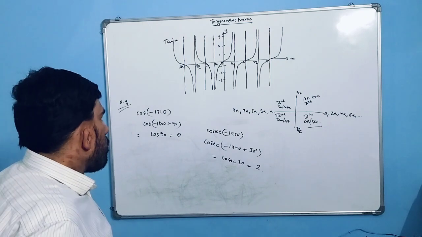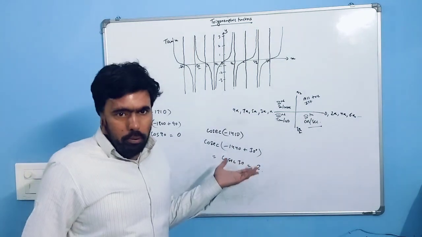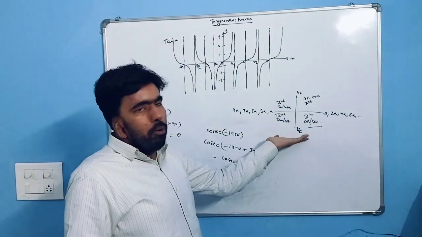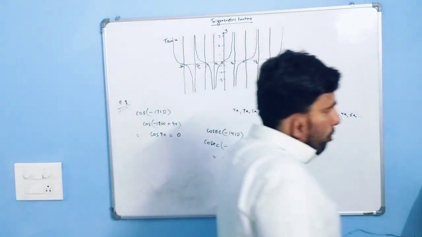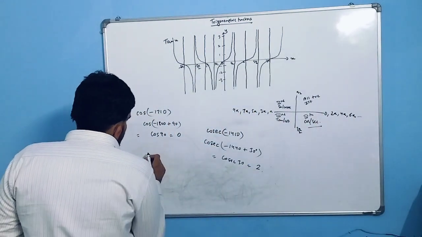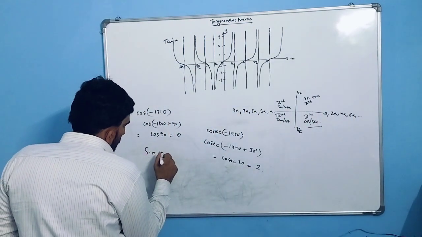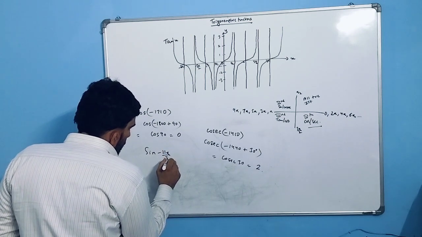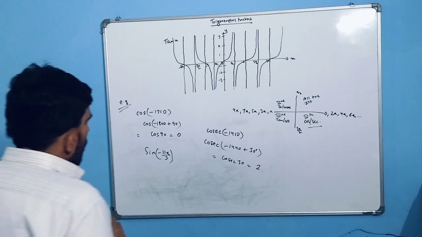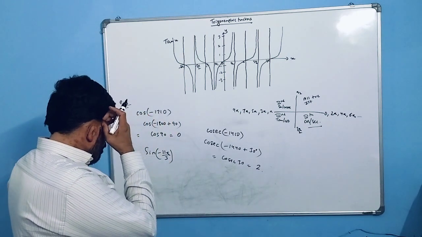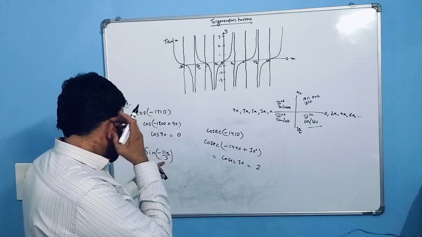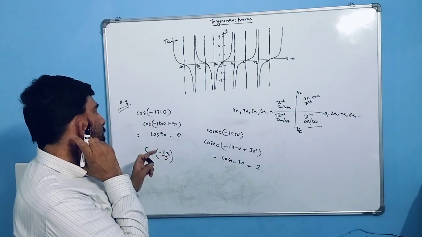Okay. So likewise we can solve such kind of numericals based on this graph. Okay, one more we can solve: sin minus 11 pi by 3. Now if I see which value it is, it will be 180 upon 3, 60, 660.